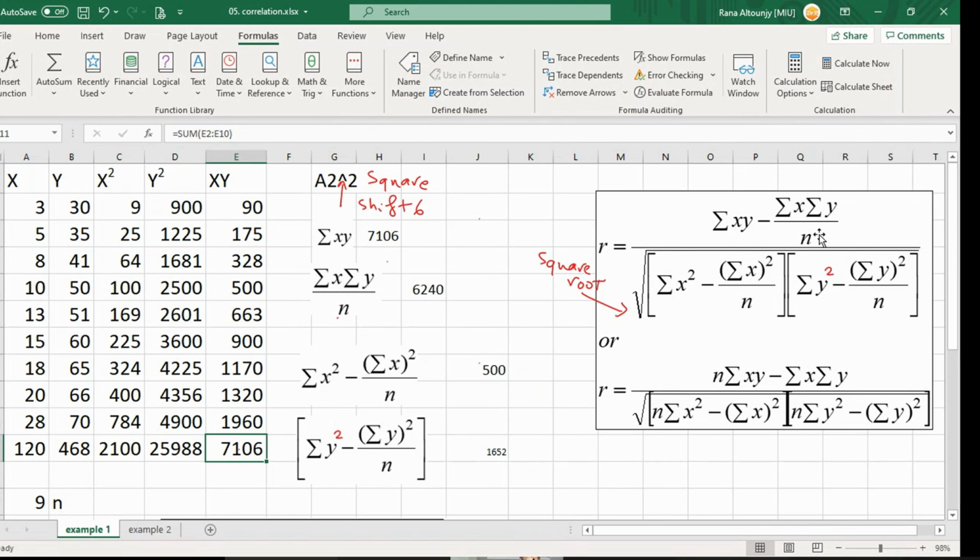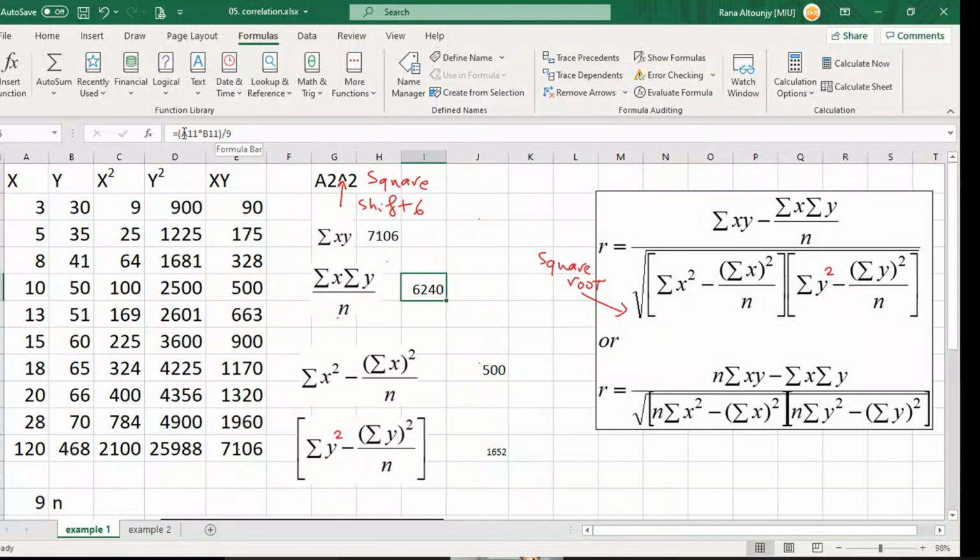The second part of the equation is sum of x multiplied by sum of y divided on n. This is values of x. This is the sum of it. Values of y. This is the sum of it. Divide on n. N is the number of observations. So this part of the equation is A11, which is sum of x, multiplied by B11, which is sum of y, divided on 9.